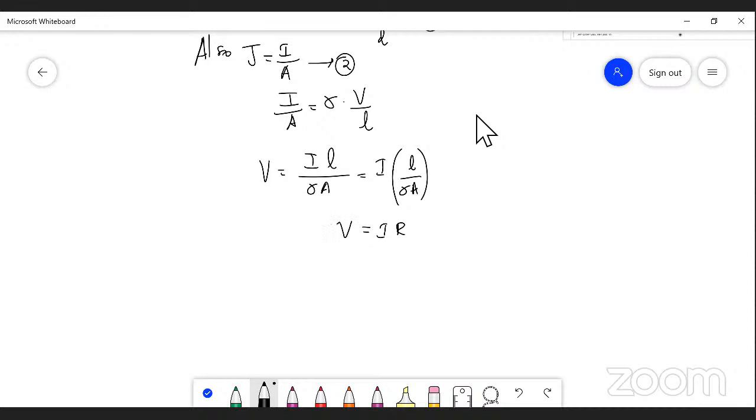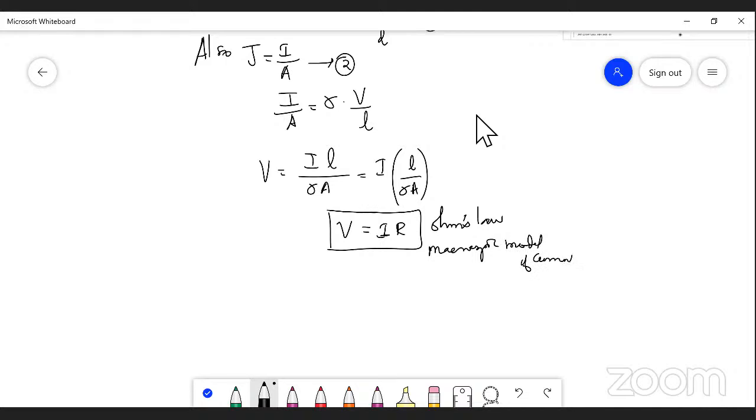R is the resistance of the material wire, or the resistance offered to the flow of current by a conductor when it is applied with a potential difference of V. So this is called Ohm's law. In other words, I can call this the macroscopic model of current.